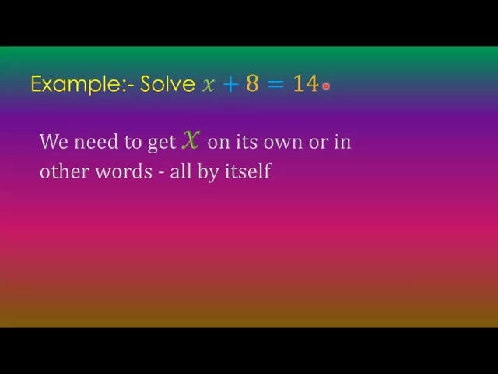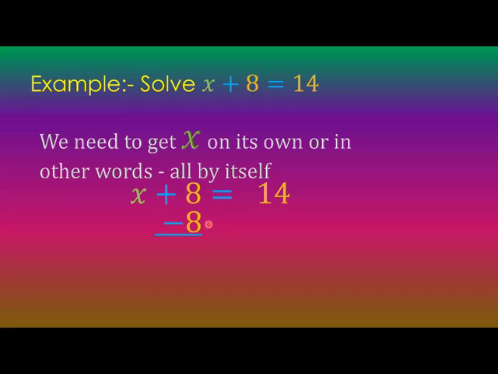We need to get x on its own, or in other words, all by itself. X plus 8 equals 14. We need to get the x on its own. So we have to get rid of the 8. Remember, it's plus 8. So 8 take away 8 will be 0.